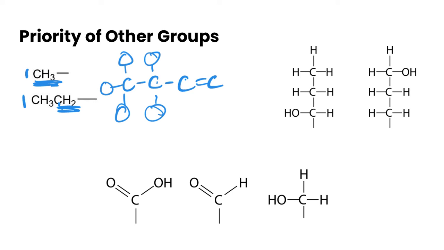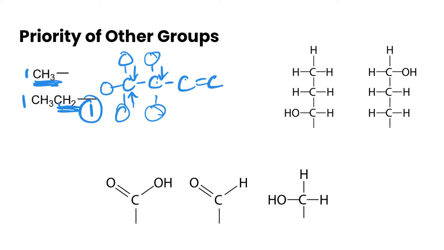So this first carbon here is the same, but this second carbon here is where it differs, because in an ethyl, you're attached to another carbon, whereas in a methyl, you're only attached to a hydrogen. So that means that the ethyl group would get priority over the methyl group.